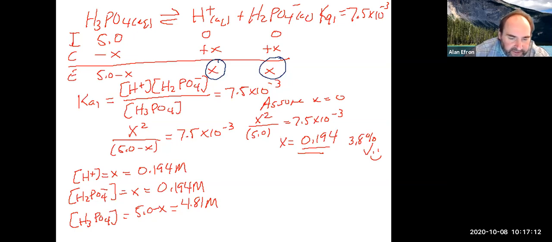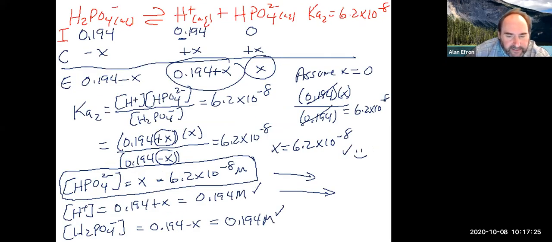When the first hydrogen came off, we ended up with a concentration of 0.194 molar. Then the second hydrogen came off, and we ended up with an H plus concentration of 0.194 molar. It absolutely did not change, really.